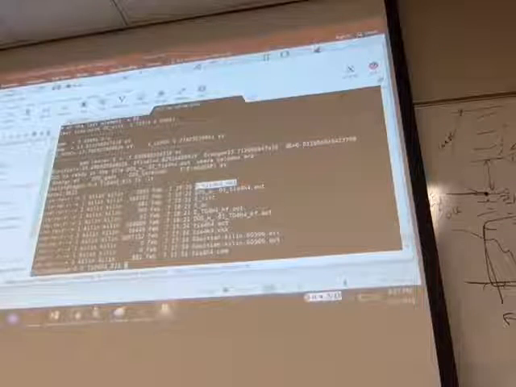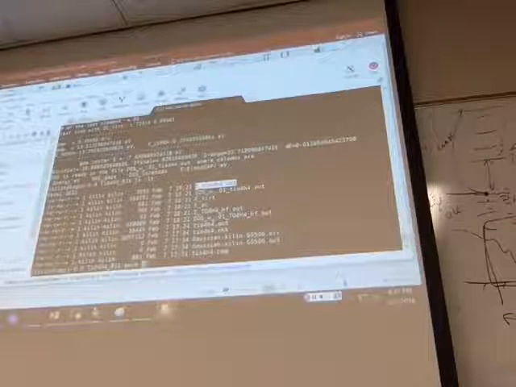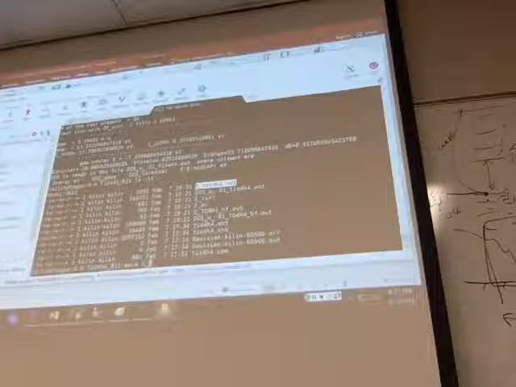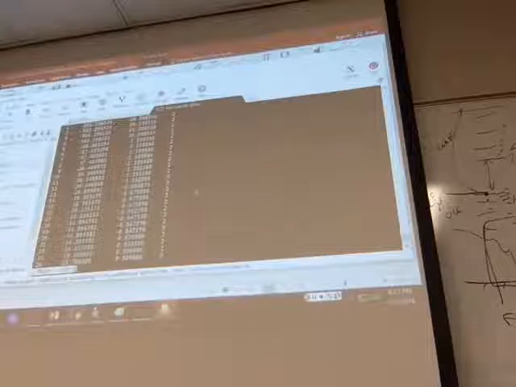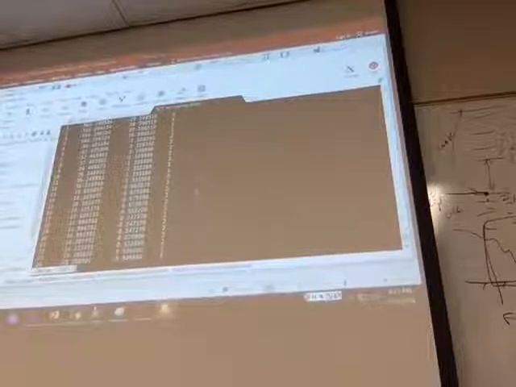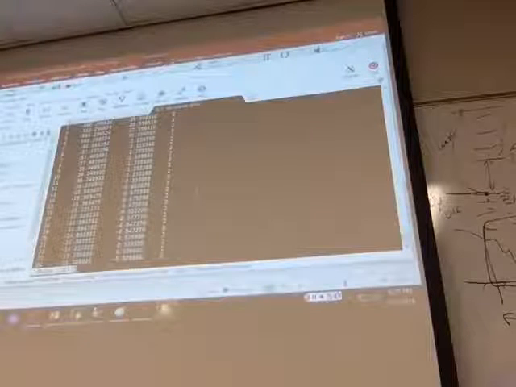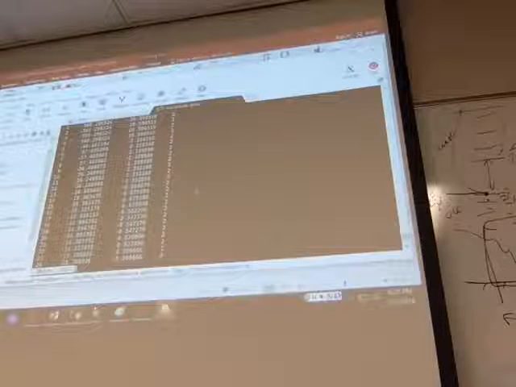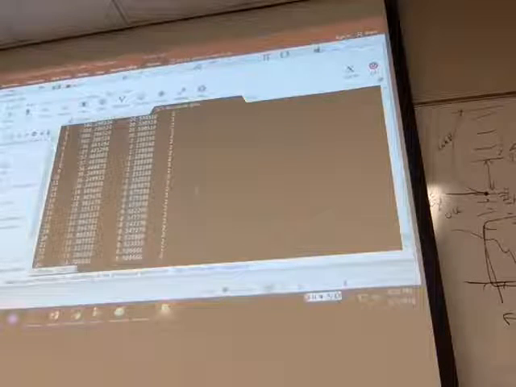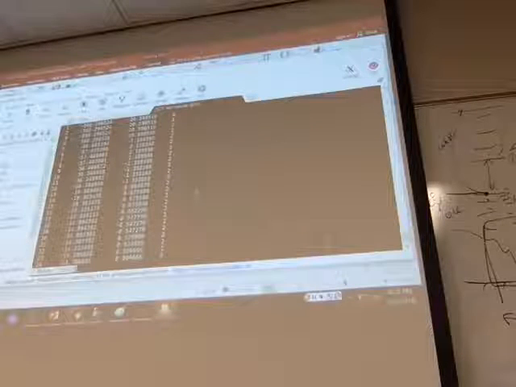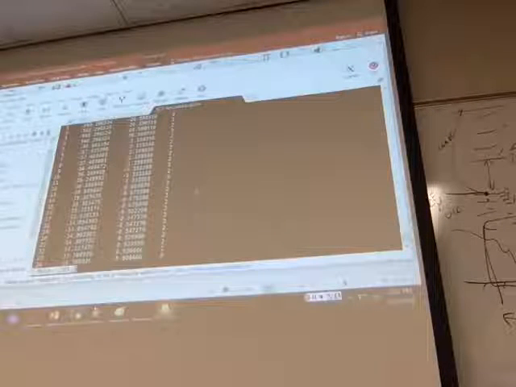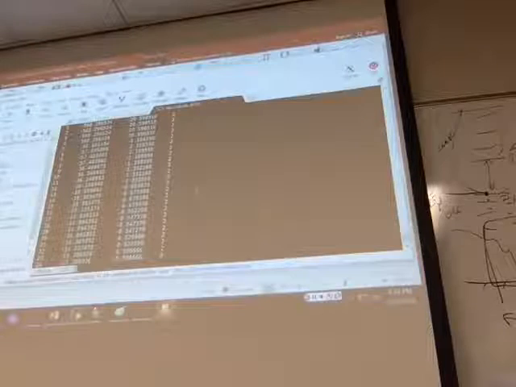So if you do more of this E file, the energies of orbitals are expressed in electron volts.